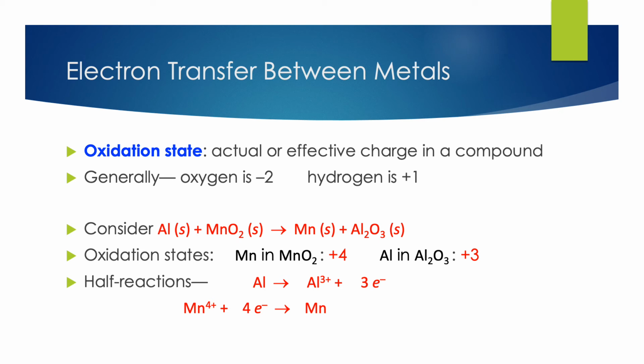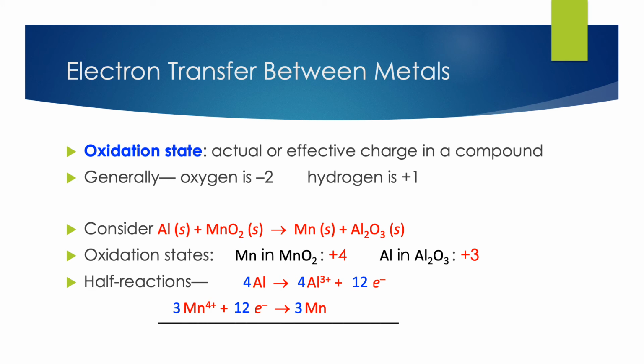Now when I take these 2 half reactions, I want them to eliminate totally the number of electrons. In order to do that, I'm going to have to multiply through by 4 on the top, which gives me 4 aluminum going to 4 aluminum ions plus 12 electrons. And for the bottom one, I'm going to have to multiply through by 3, which gives me 3 manganese ions plus 12 electrons, giving me 3 manganese atoms.